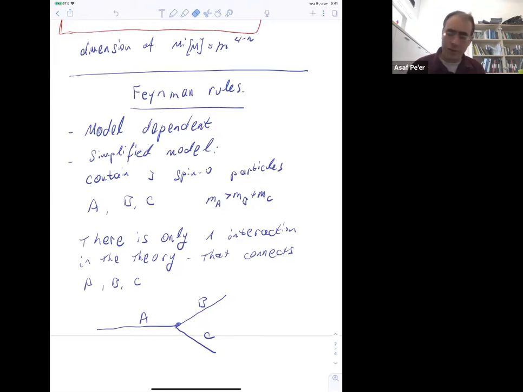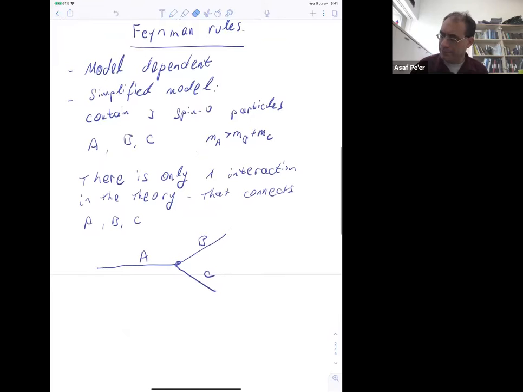So this is really the lowest order decay process, or leading order.